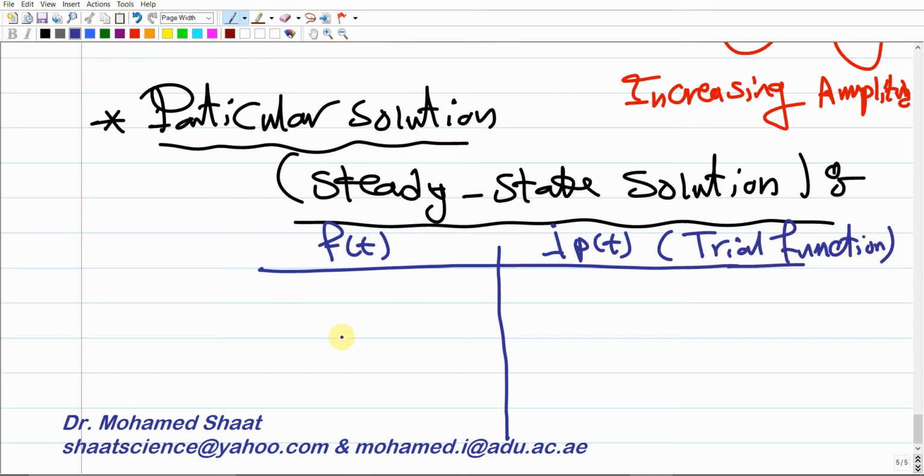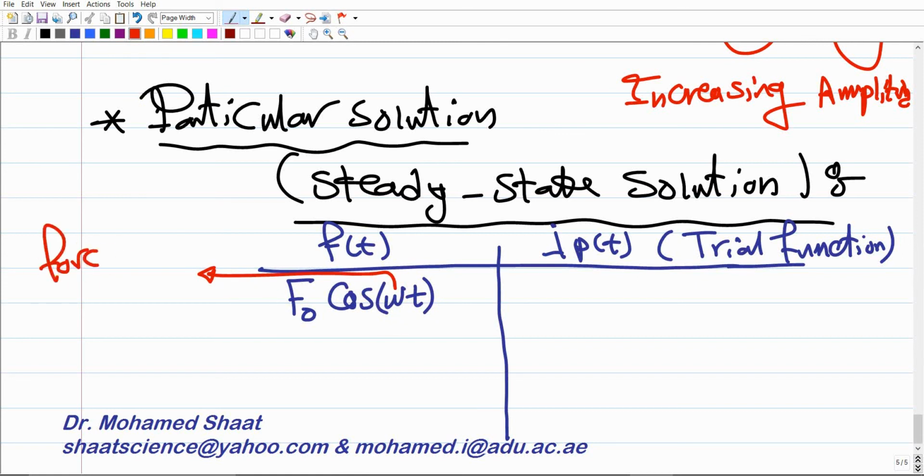Right? So for example, in case that f of t is a function like F0 cosine omega t, where f of t depends on the Vs, remember that it is 1 over L dVs by dt. If this right-hand side of the second order ODE was represented as a constant value, which is the amplitude of the forcing term, times cosine omega t, this omega is commonly known as the forcing frequency.